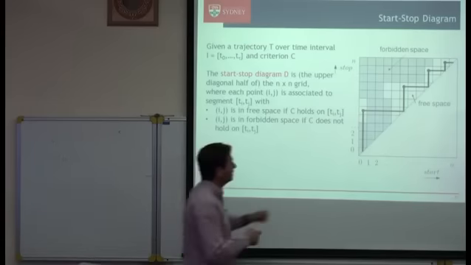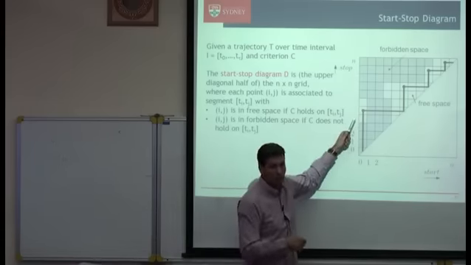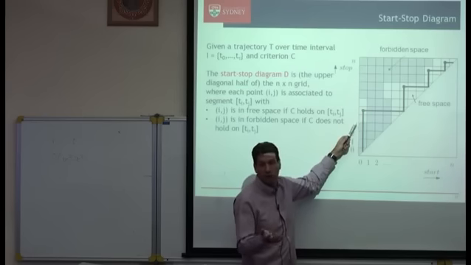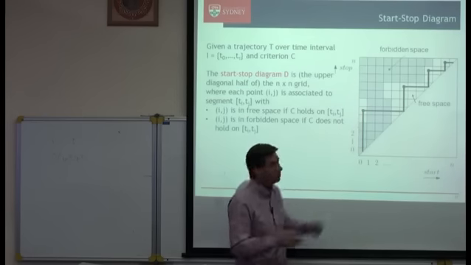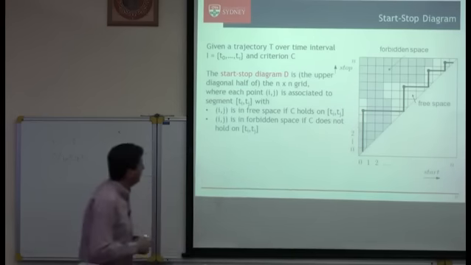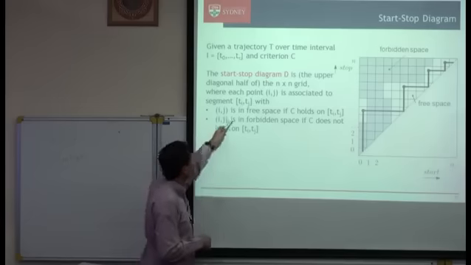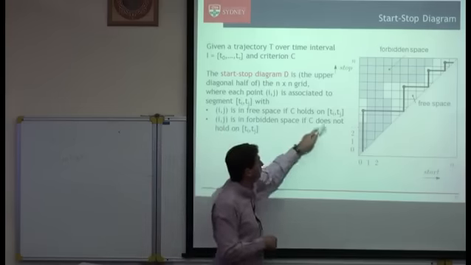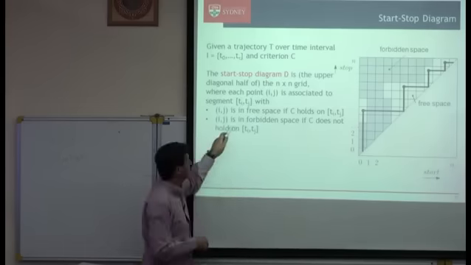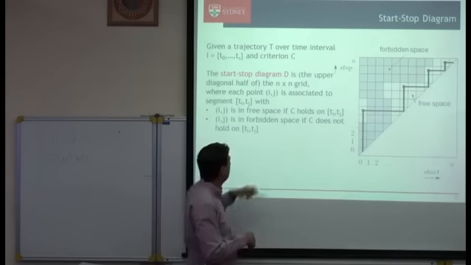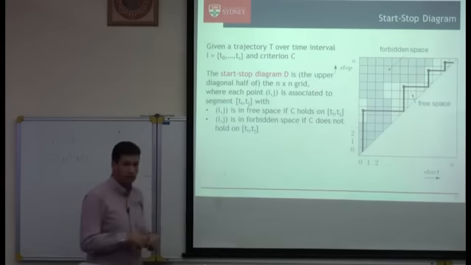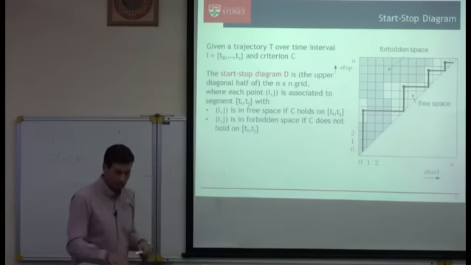It's just a yes-no: either I fulfill the criterion or I do not. It's very simple. So ij is in the free space if C holds on Ti, Tj, and ij is in the forbidden space of C if C does not hold on Ti, Tj. Yes, no, again.